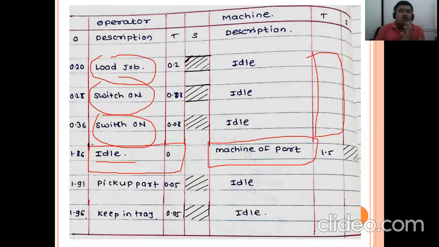Once that cut is over and the machining is over, pick up the part and release it. Check the part on the machine with the help of keys and so on, remove the part from the machine and keep it in the tray. At that time the operator is working.